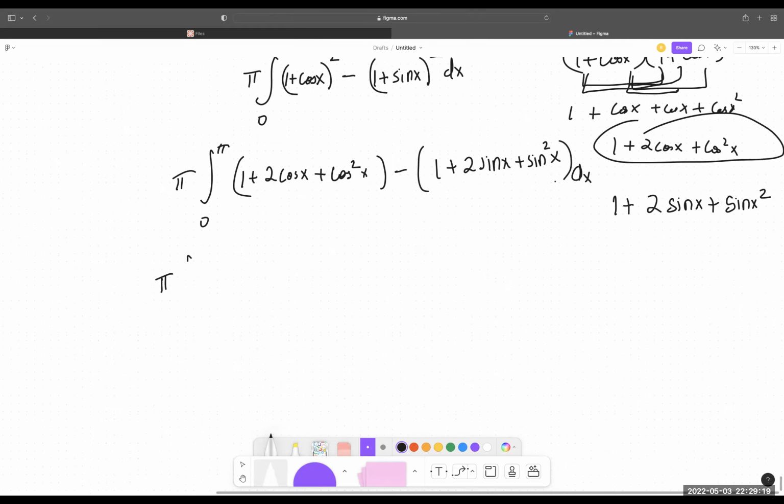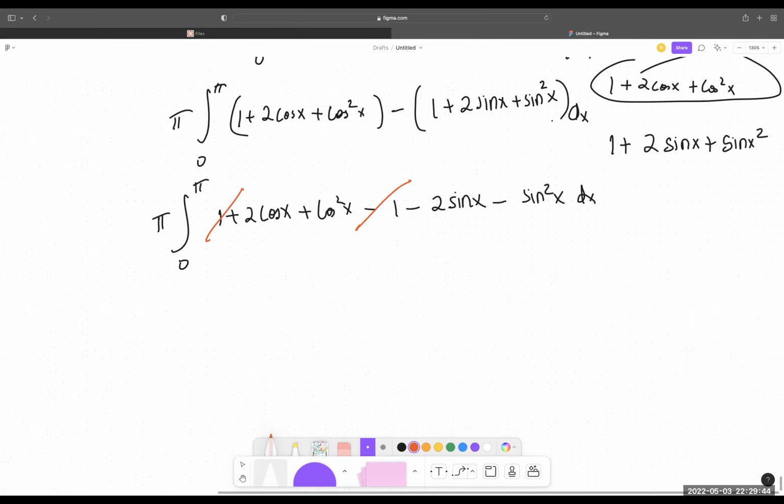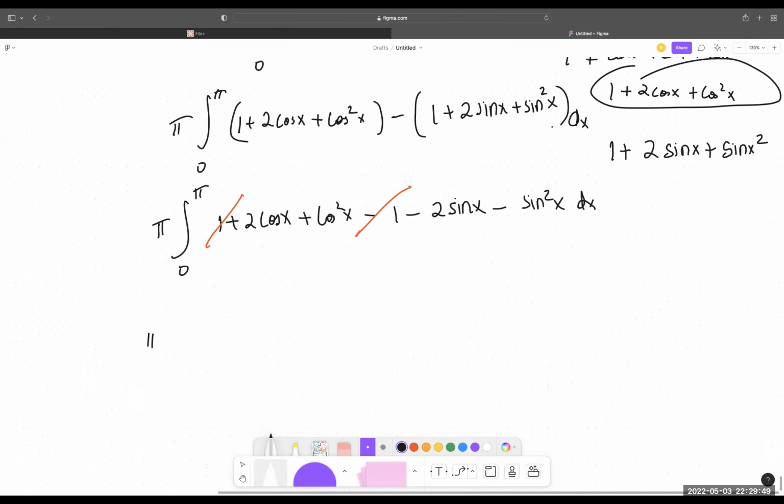And you can distribute out. You can say, okay, well, this is 0 to pi. You can say that this is 1 plus 2 cosine of x plus cosine squared of x minus 1 minus 2 sine of x minus sine squared of x dx. And the idea here is that -1 would cancel out with 1, although that really is the only cancellation going on here, unfortunately.